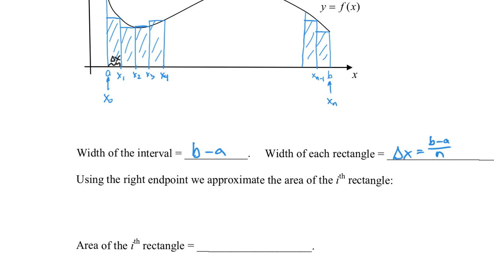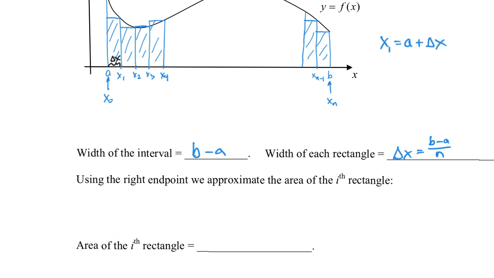Then also we can see that looking at what we've got here, we start with x sub 0, and x sub 1 is just going to be A plus delta x. So x sub 1 is going to be A, our starting point, plus delta x.